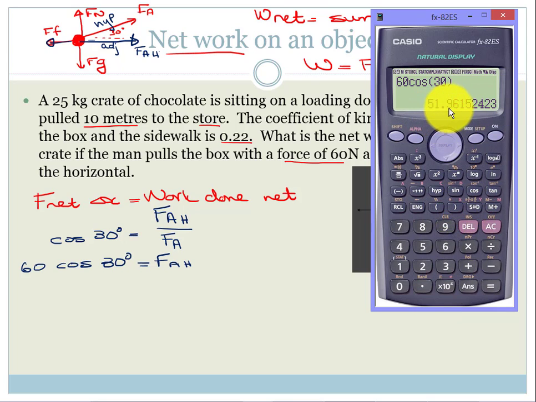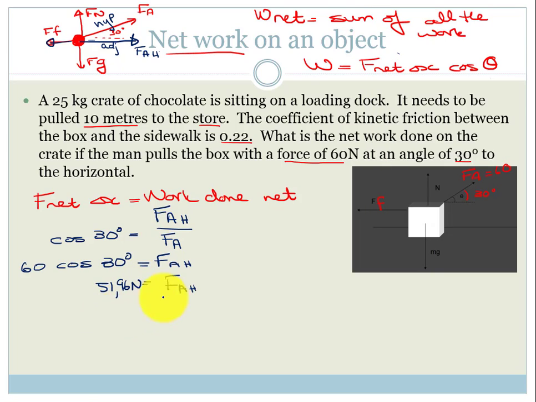So it's 51.96 newtons. And since that's in the direction of the motion, I'm going to choose that direction as positive. So I'm choosing that direction as positive. Okay, right, excellent. Next, we need to find the force of friction.